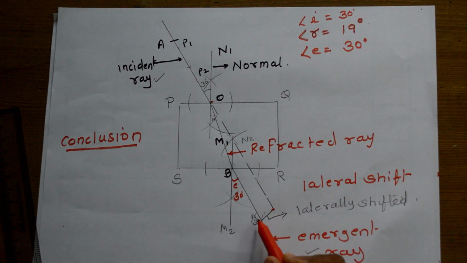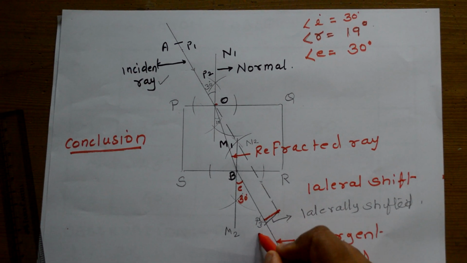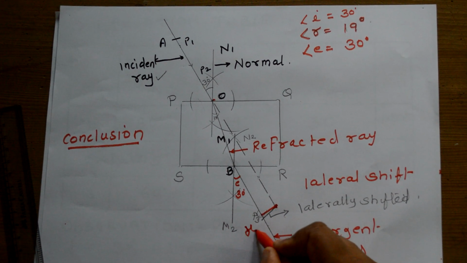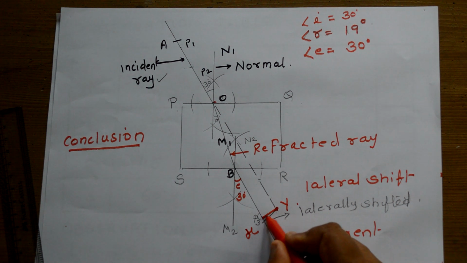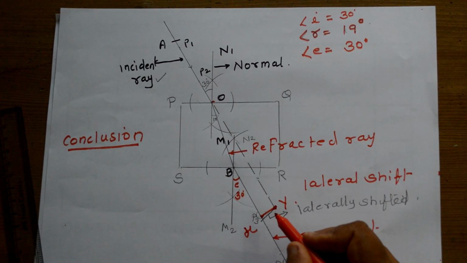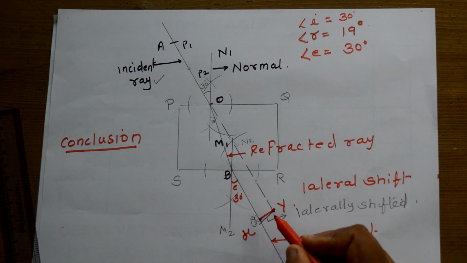This is known as lateral shift, and this can be marked as XY. This depends on the refractive index of the glass and the angle of incidence.